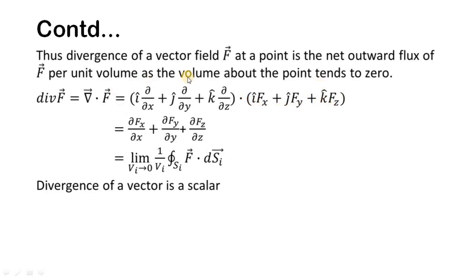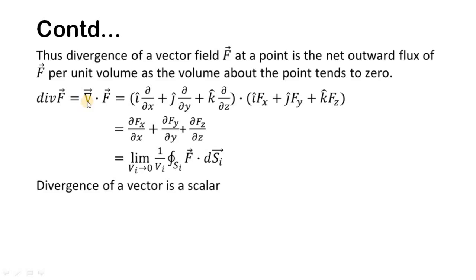If we perform the dot product, then we get dou Fx by dou x plus dou Fy by dou y plus dou Fz by dou z. That is nothing but the limit as Vi tends to 0 of 1 by Vi into the closed surface integral over the surface Si of vector F dot d vector Si.